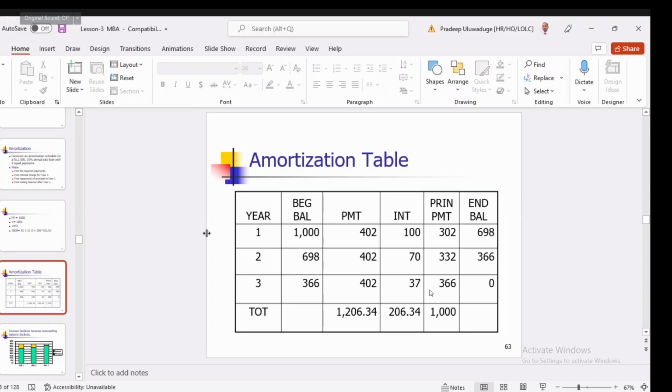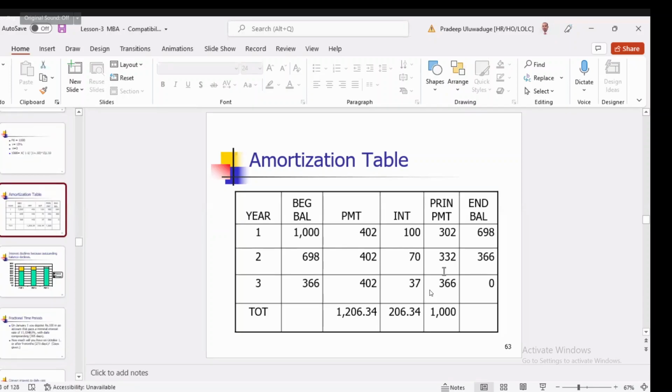So what can you observe from this? I want your observation. See, in this process of paying the loan during the 3 years, although we pay the same installment, you would see that the interest component included in that reduces gradually, right?